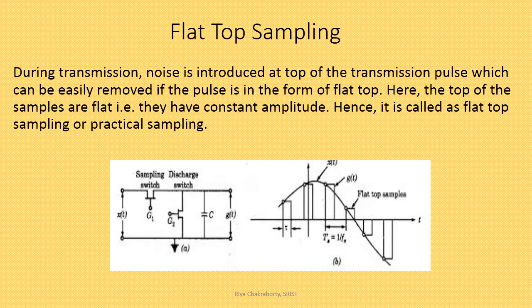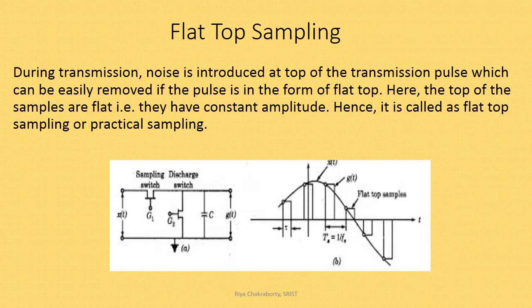The duration or width of each sample is tau, and the sampling rate fs is equal to 1 by Ts. So the figure shows the functional diagram of a sample and hold circuit, which is used to generate the flat top samples.